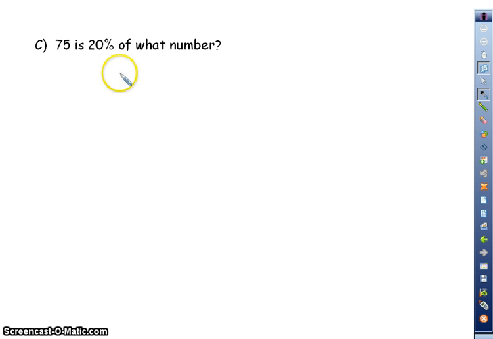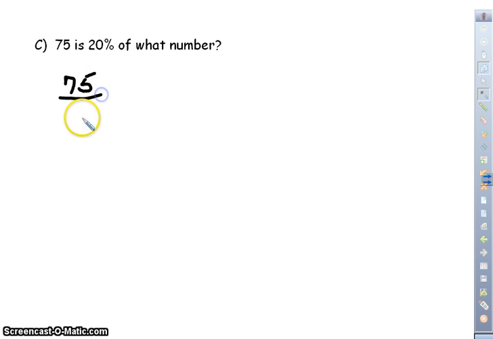And our last problem for today, 75 is 20% of what number? And again, it's saying that 75 is, always means equal. 75 is 20% of that number. So this is my part. We know the part. That's 75, over base, we don't know, equals 20 over 100.